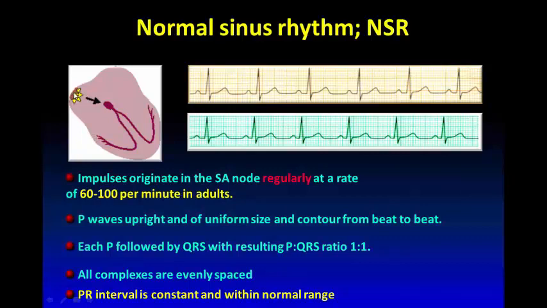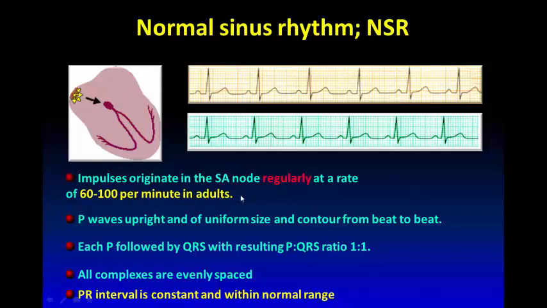The heart has normal sinus rhythm when all the cardiac impulses originate in the sinoatrial node regularly at a rate of approximately 60 to 100 beats per minute in normal adults at rest.